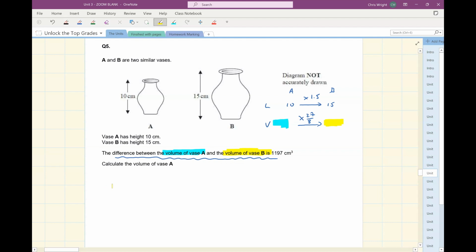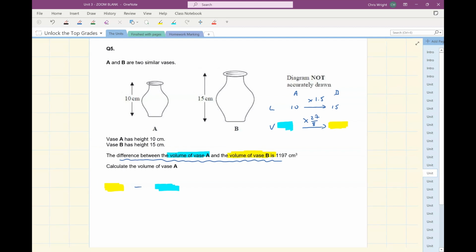So the yellow minus the blue, the volume of vase B minus the volume of vase A, is equal to 1197. It's just a question now of me finding an expression for that yellow and blue. Well, let's call the blue X, because we know then that the volume of vase B is 27/8 times X.